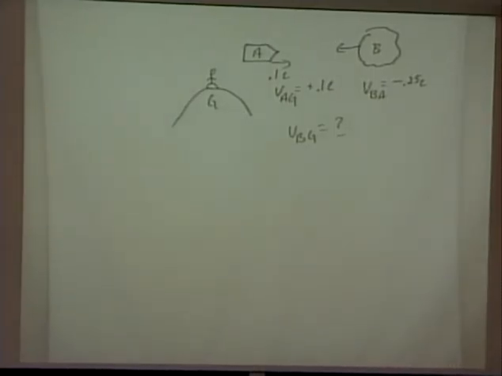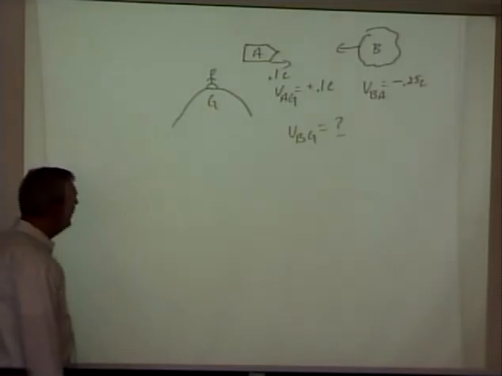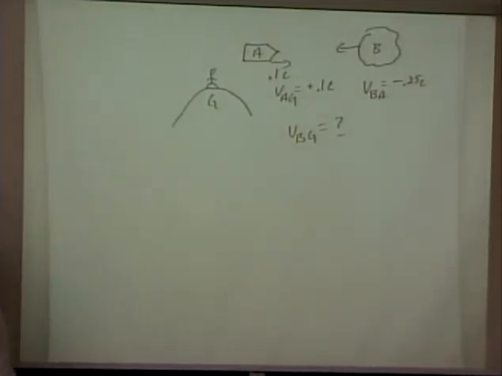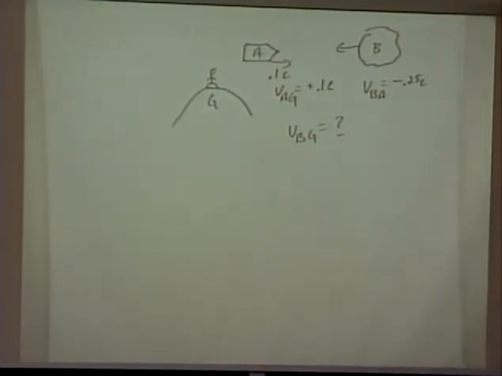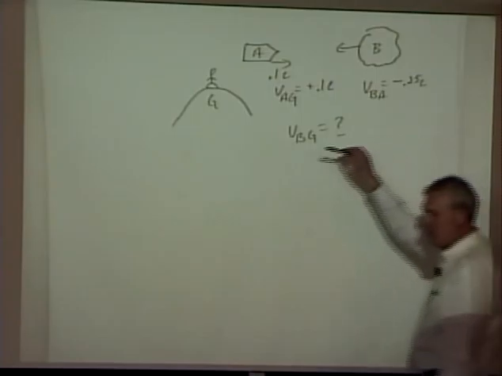Here's how you do that. What would the Newtonian answer be? You'd add them, so you get 0.15 c. In other words, it's hurtling towards Earth at 0.15 c.